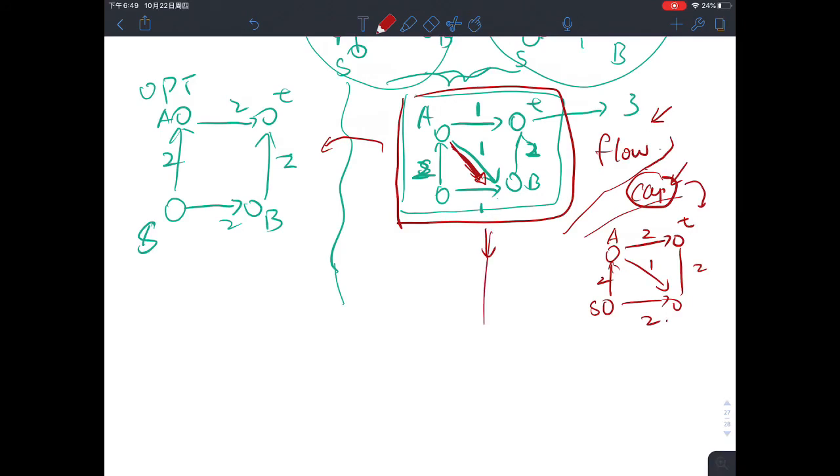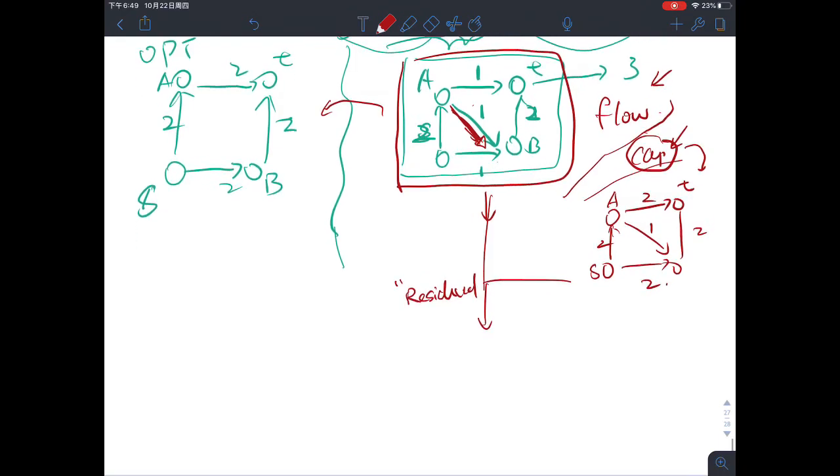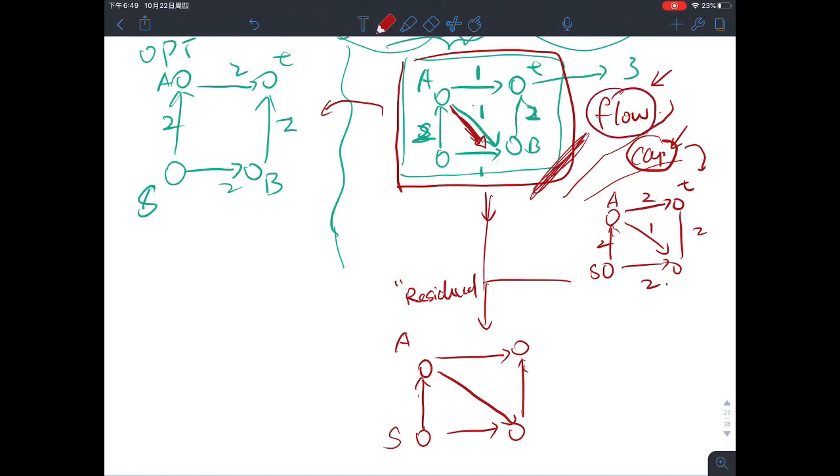So if we look at this 2 and compare against this 2, what do we mean by residual? The residual network is the additional amount of flow we can push along this network after we utilize this part of the capacity to entertain the flow. So the residual we compute looks like that. 2 minus 2 is 0 here, so it's also 0 here.